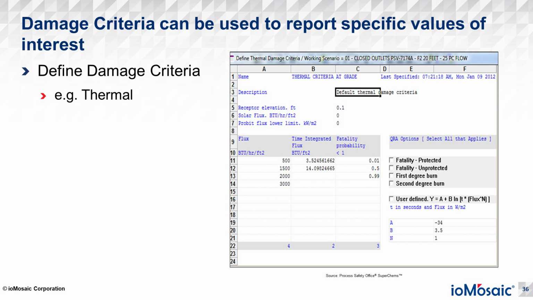We can define it in terms of flux, time-integrated flux, or fatality probability. Here we've set up 4 different values of radiation flux: 500, 1500, 2000, and 3000 BTUs per hour per feet squared.